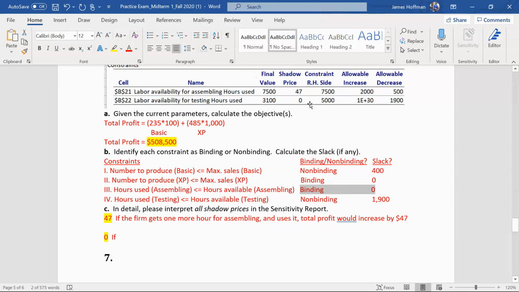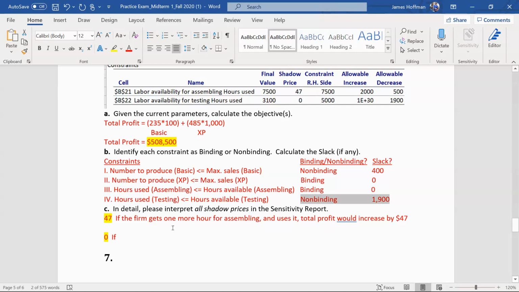So see that it confirms that we were given 7,500 and we used all 7,500. So that means that getting another one is valuable. In particular, it's worth $47. But this one, we were given 5,000 and we only used 3,100. So getting another hour here is worth nothing to this firm now because they didn't use the original 5,000, right?